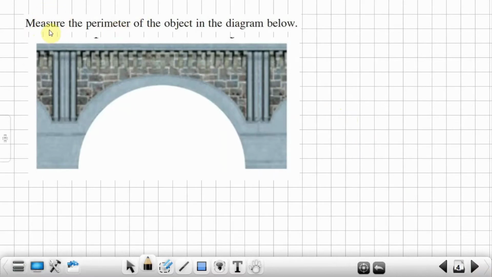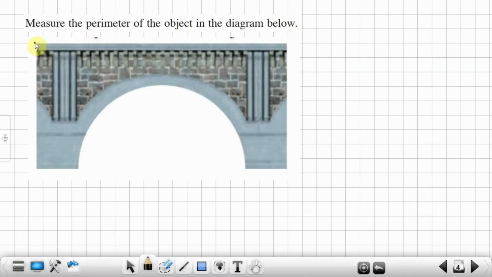Next question. Measure the perimeter of the object in the diagram below. So the object here is a bridge, and it is not given what the length of all of the sides is. So we must measure.